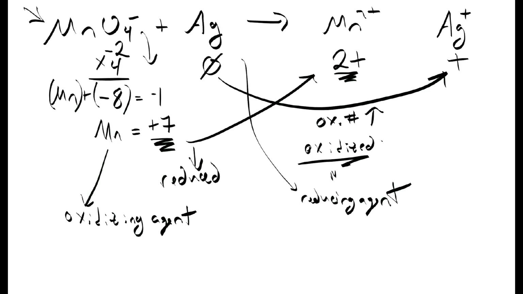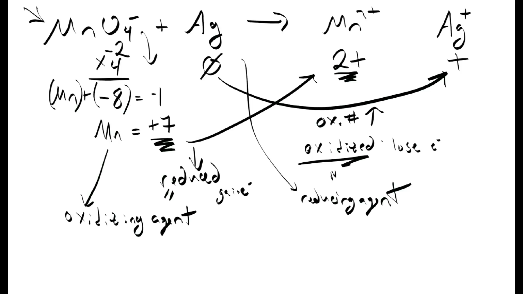They're the same thing. The thing that is reduced is the oxidizing agent. Being oxidized means you're causing reduction. Being reduced means you're causing oxidation. Because being reduced means gaining electrons, and being oxidized means you're losing electrons. And the only way you can lose electrons is if something else gains electrons.